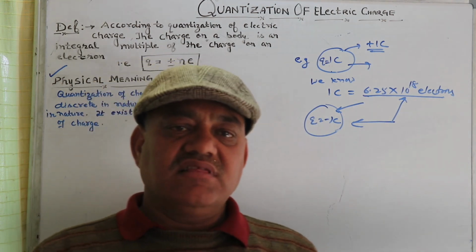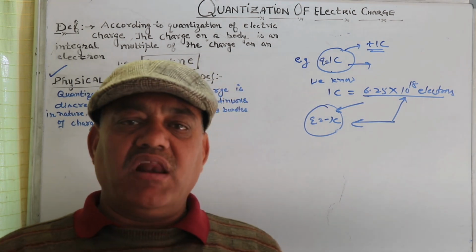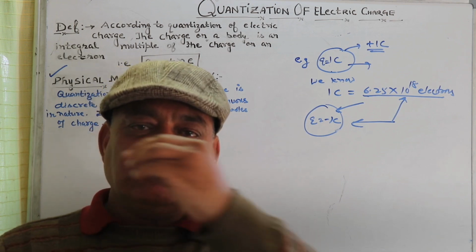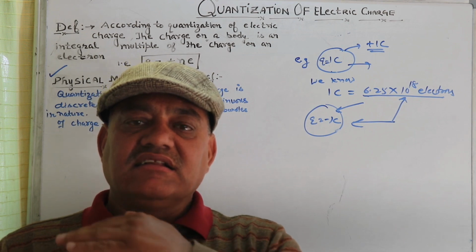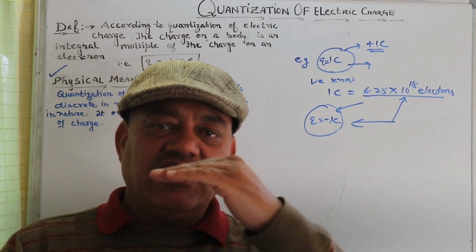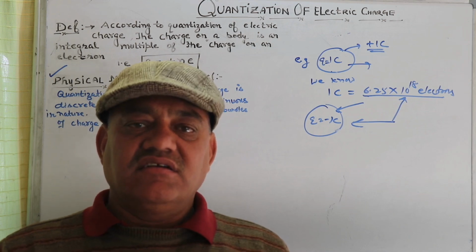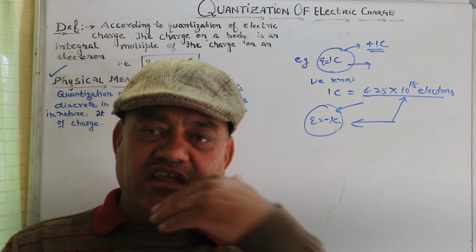For example, in the filament of a bulb, when the charge is flowing, it seems to be flowing in a continuous manner, but the charge does not flow there continuously.